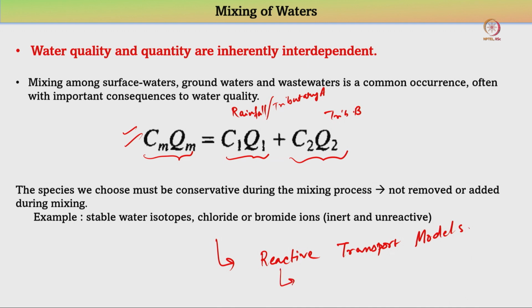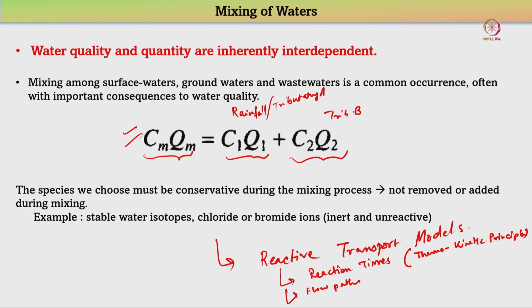The RTMs have not only the reaction times required based on the thermodynamic and kinetic principles, but also the flow path timings, the flow paths, okay, how much time the flow path will allow.